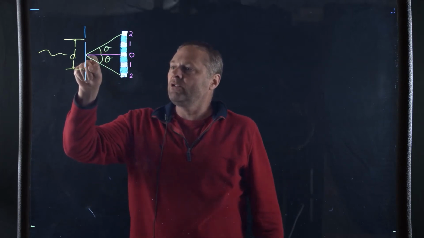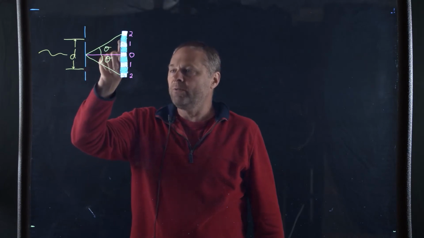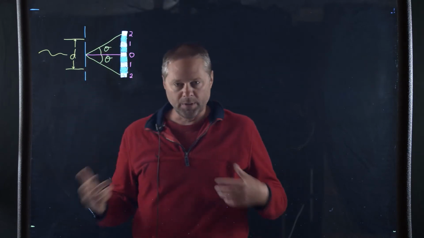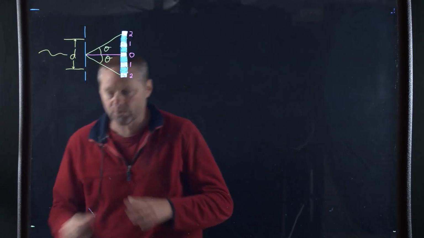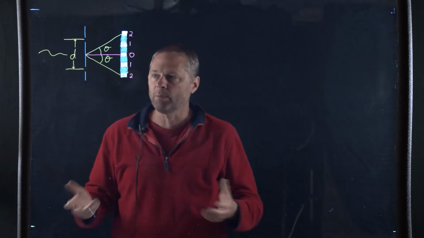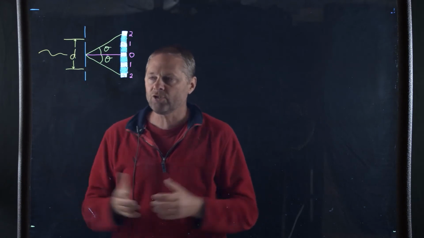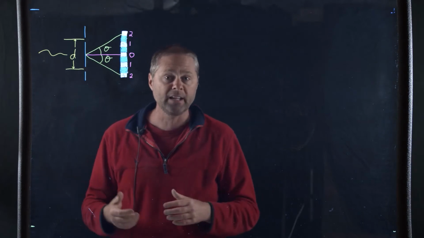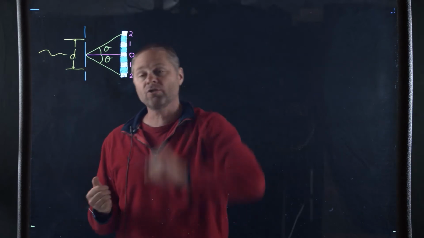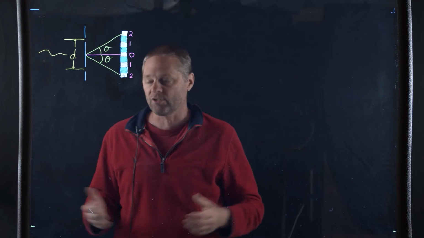And you can then find the angle for a particular order. That's essentially how Young's double slit experiment works. Once again, it shows you that light is wave-like in nature, because you can have constructive interference and also destructive interference.